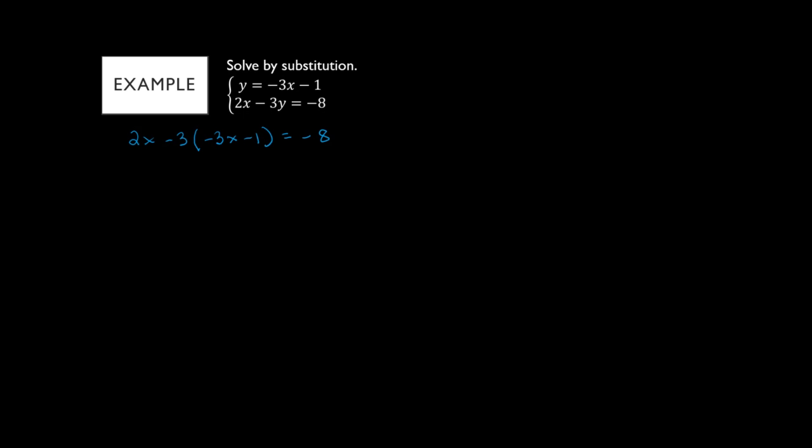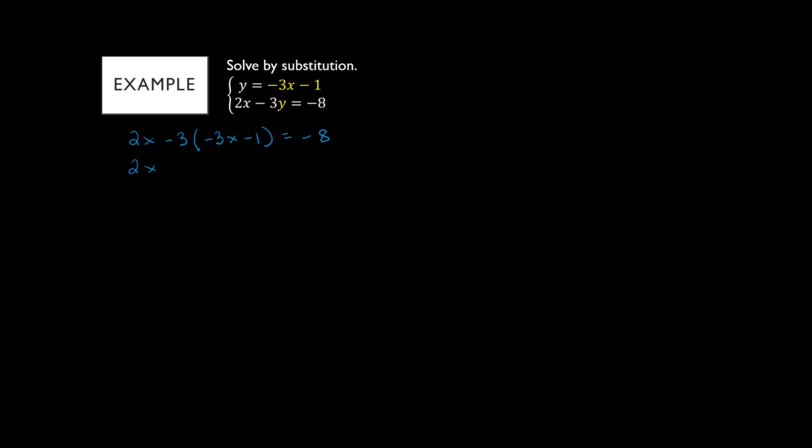And then this equals -8. So I took the -3x minus 1 and substituted that in for y because y is equal to -3x minus 1. So now I need to solve this equation, so we need to distribute, add like terms, go through our whole solving process.